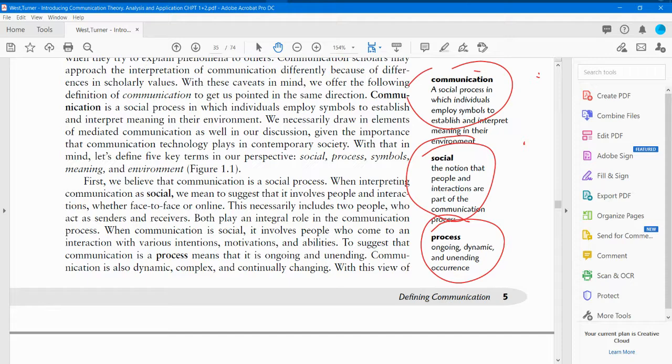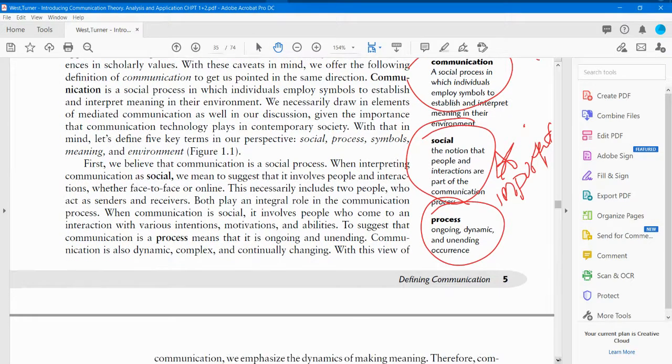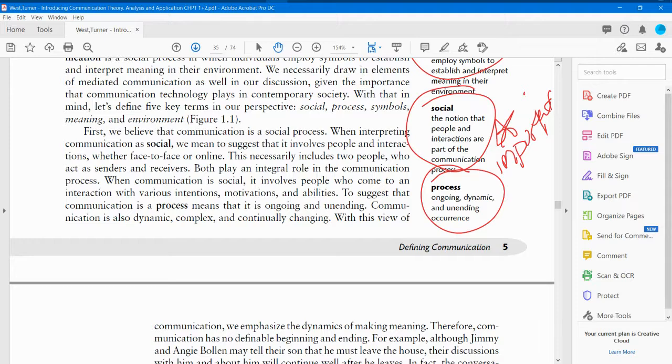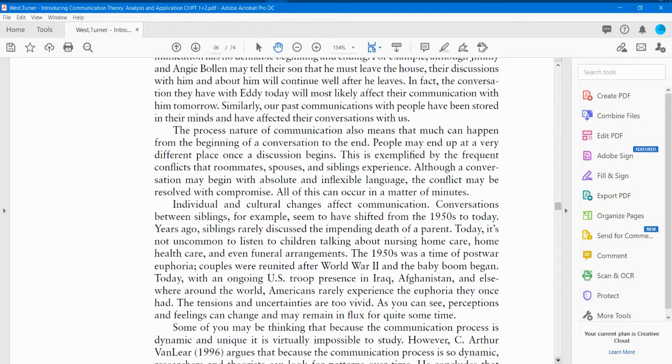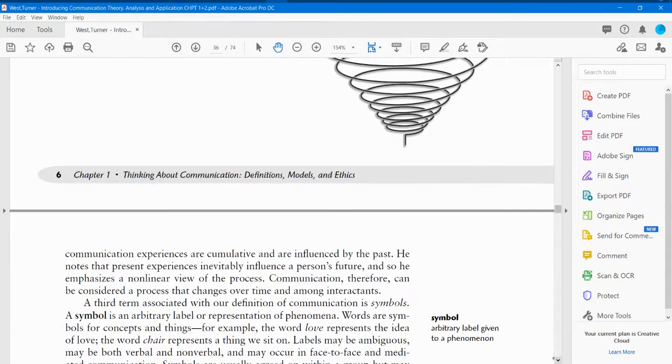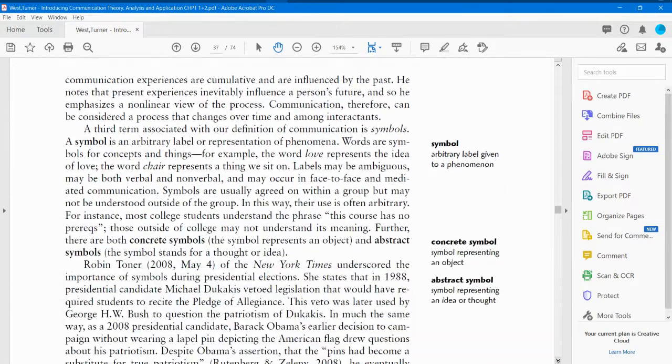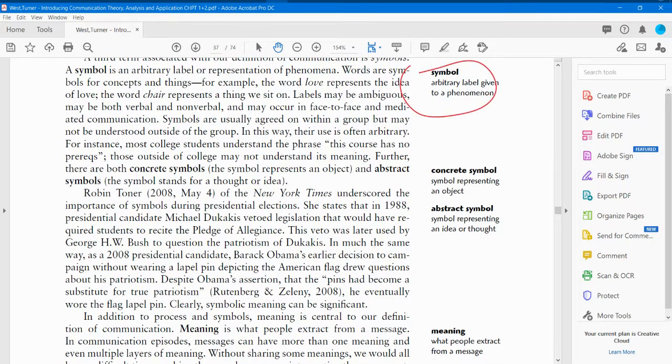These are very, very important, because multiple choice questions or short definition questions can come from these little bold side notes in your PDF book. As you go through the book, you'll notice that sometimes on the side they give you a definition, like this: a symbol is an arbitrary label given to a phenomenon.